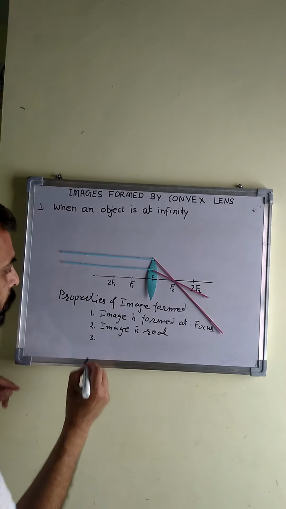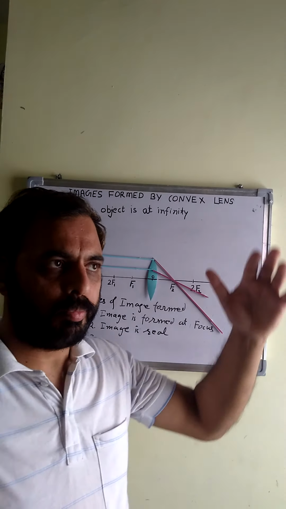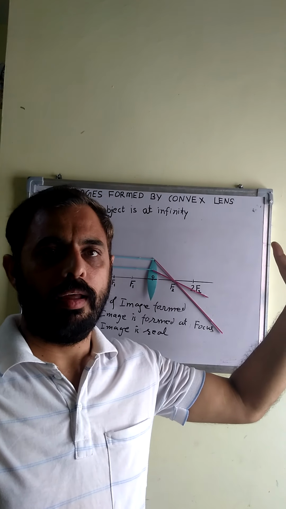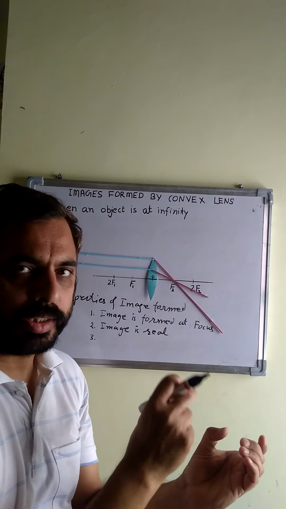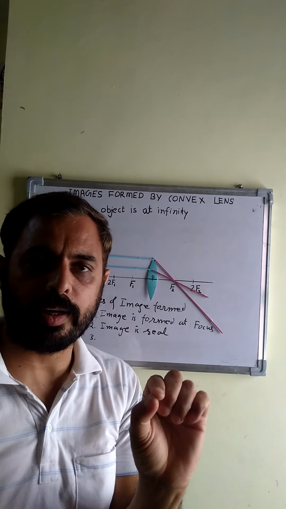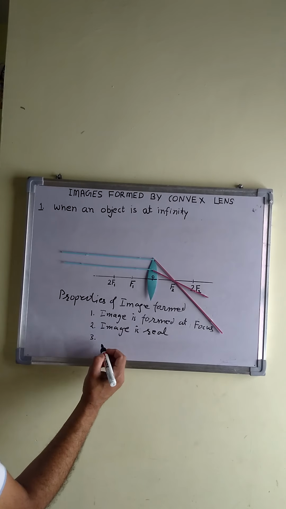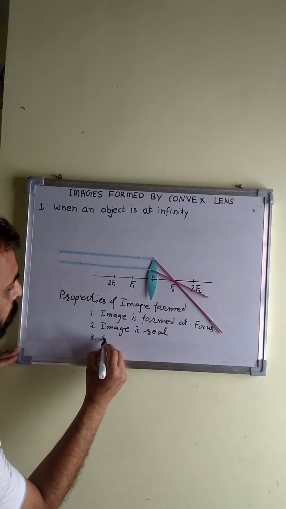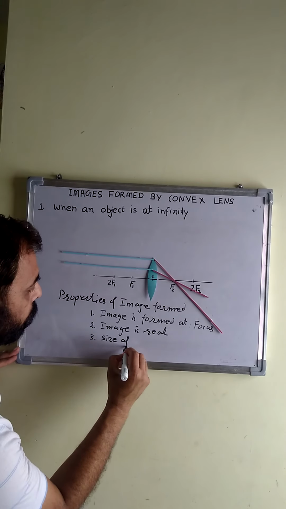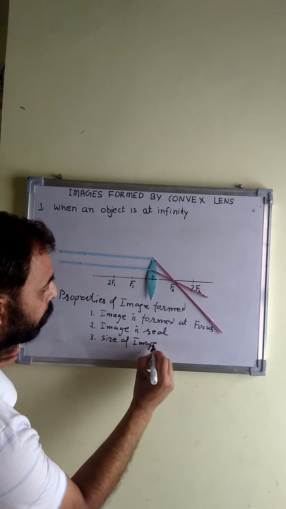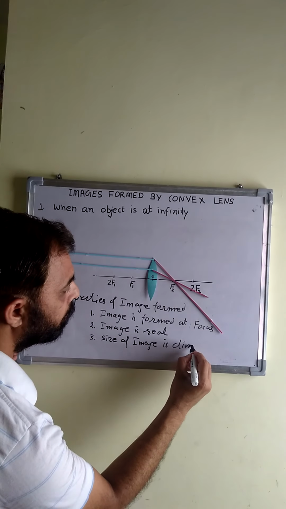Third property, that is about size. So sun is huge in size, whereas if we are going to focus its image by lens, then we are getting a point. So it reveals that the size of image is diminished. Size of image is diminished.